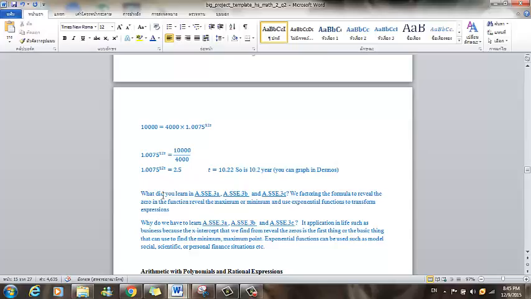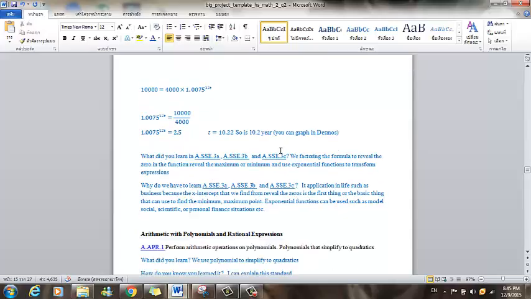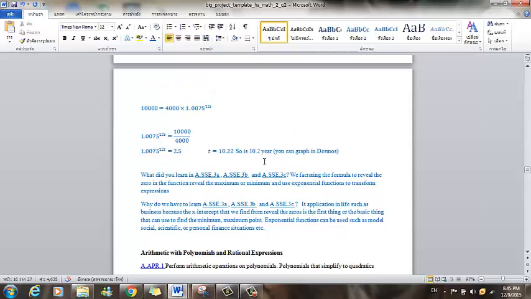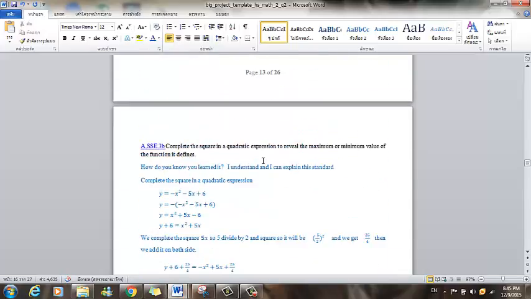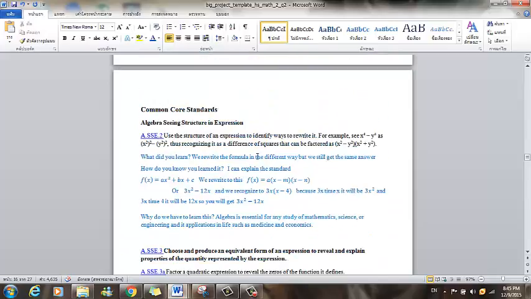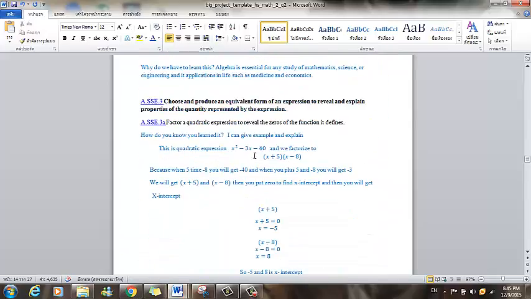What did we learn in these three standards? We factorize the formula to find the zeros of the function, and to find the minimum or maximum, and we use the exponential function to transform expressions. How did you know you learned it? I can explain the standards.